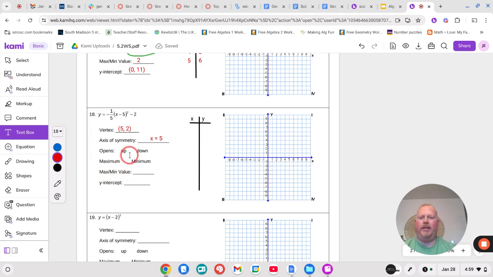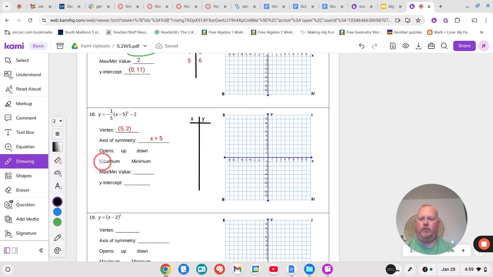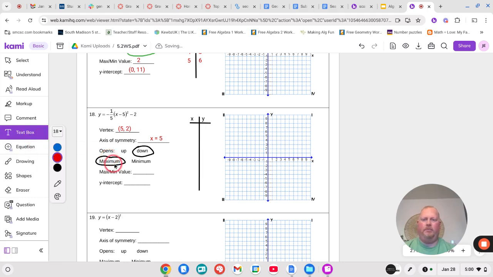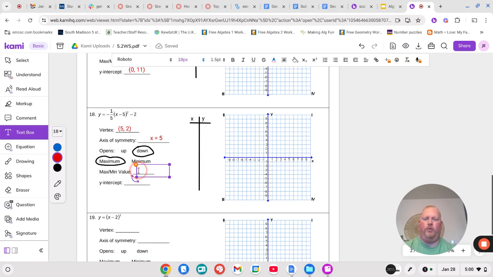Okay, so because it's negative, it opens upside down. And because it opens upside down, the vertex is at the very top, so that's a maximum. And then the value of that maximum is going to be a positive 2.